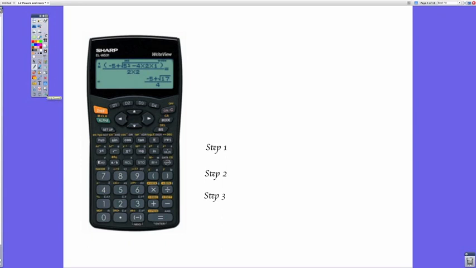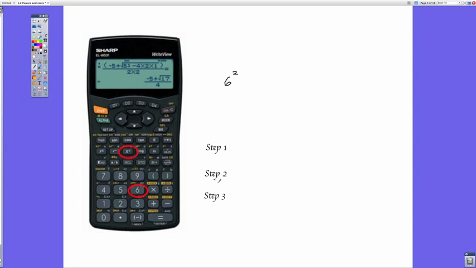We also have the function on our calculator. Your calculator may be slightly different to this, but you should still see the same buttons. If we want to find, for example, 6 squared, the first step, you're going to tap your 6.